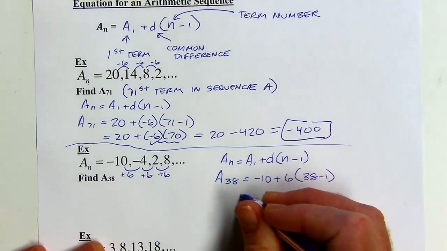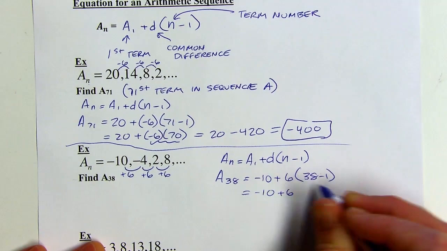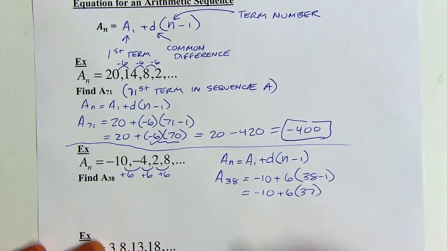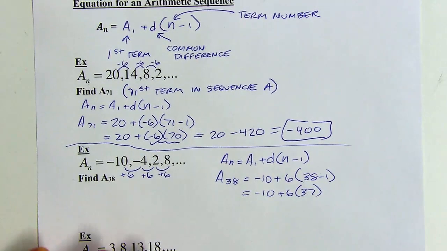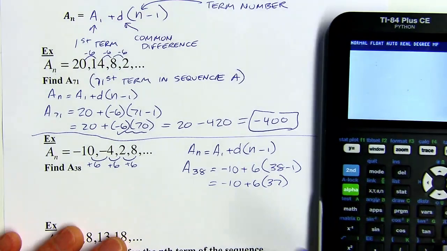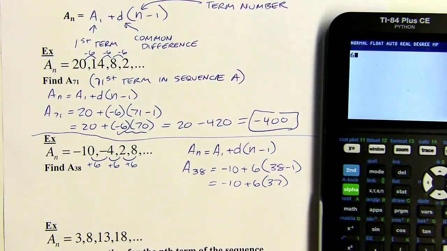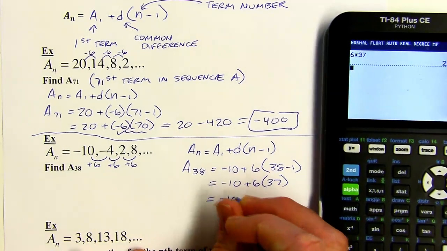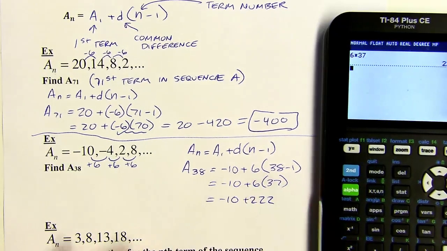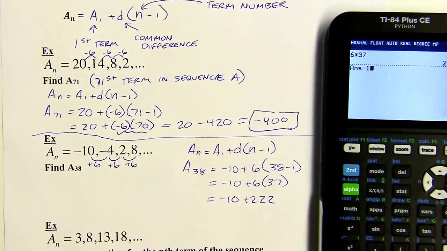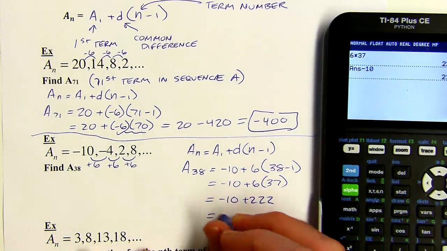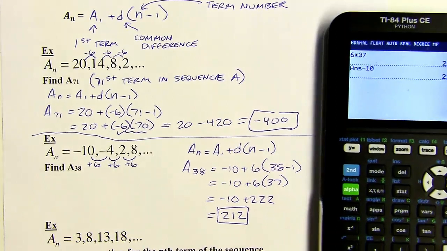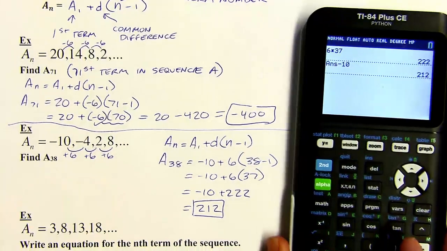I'm going to do the subtraction inside the parentheses first, then the multiplication. Just to make this quick, I'll use my calculator. 6 times 37 is 222, and then 222 minus 10 is going to be 212. That would be the 38th term in that sequence.